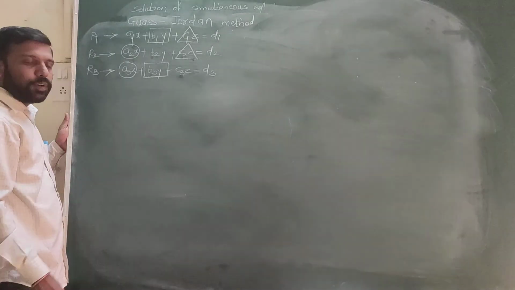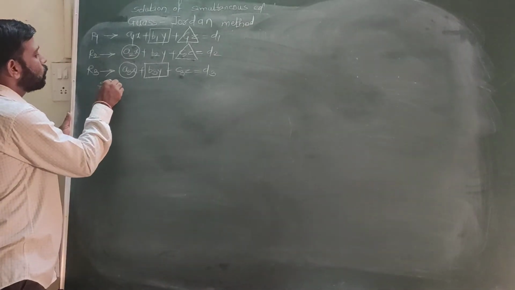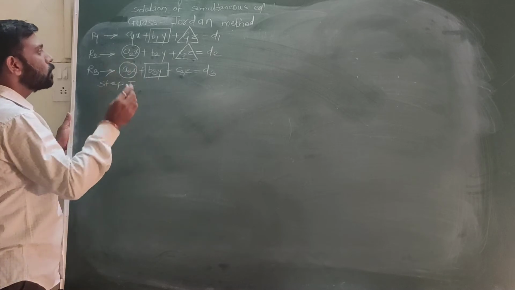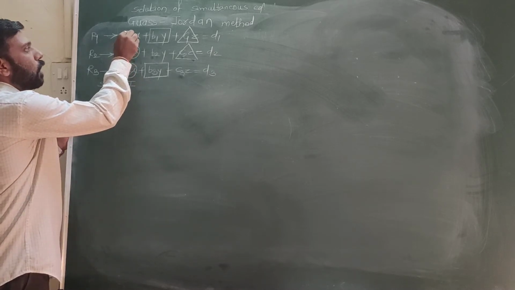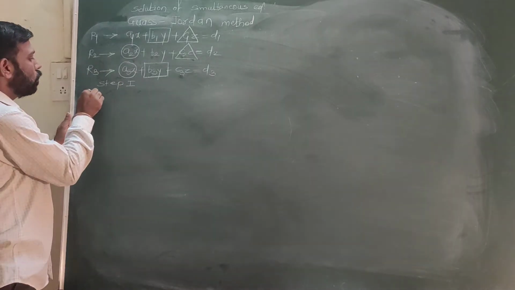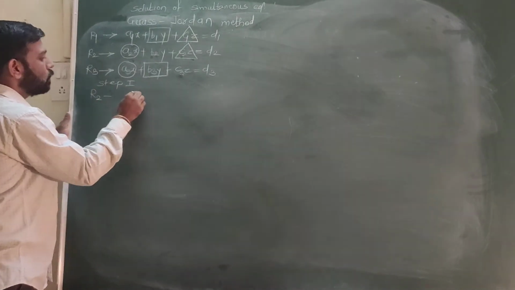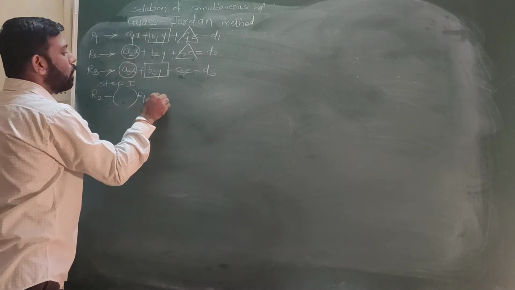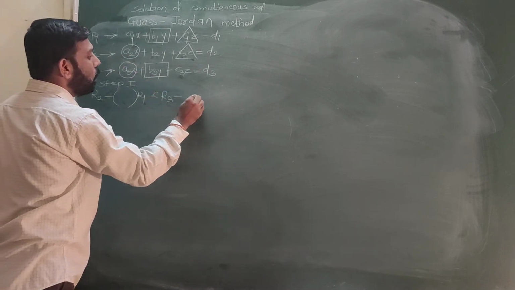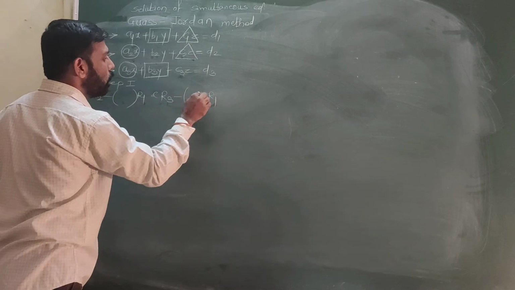Now we'll start with the first step, step 1. Initially, make these two elements 0 with a1x. So R2 minus R1 and R3 minus R1.